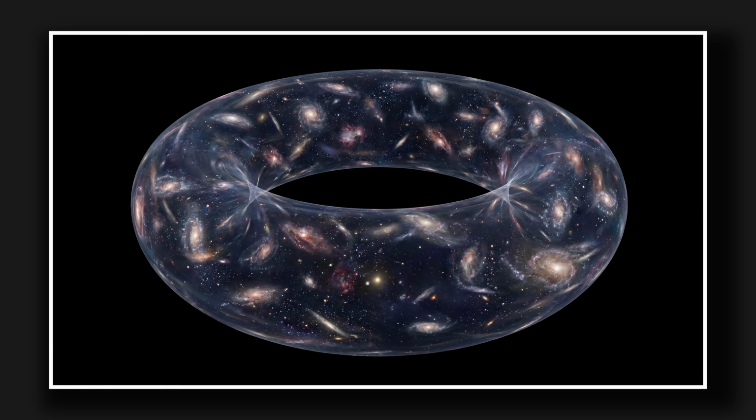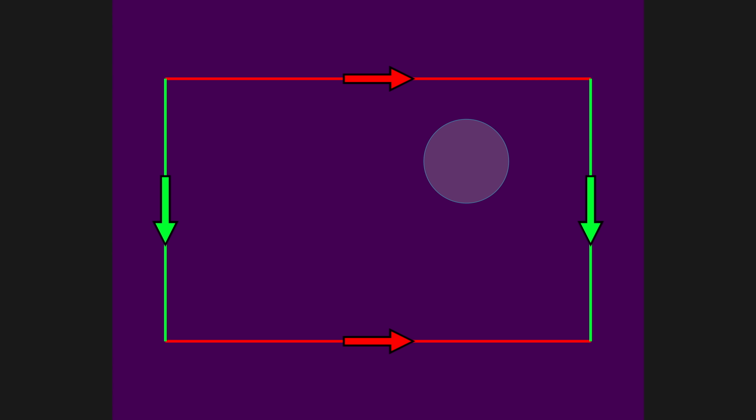There are hypotheses suggesting that if our universe isn't infinite, it might be a similar shape that repeats in all directions. Now, to calculate gravity here, let's start by placing a circular mass in the torus space. Then we need a way to tell our method that this space loops back on itself.